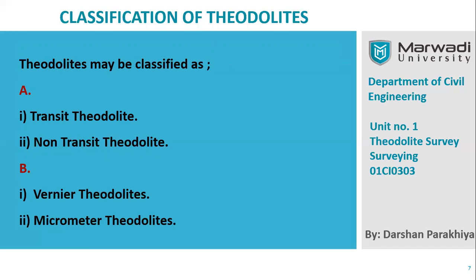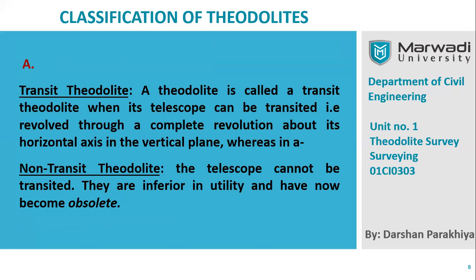In the classification of theodolites, you need to know that there are two major classifications: the transit theodolite and non-transit, and the second one, vernier and micrometer theodolites. What is the difference between the two? Over here, I am giving you a brief session about everything that can be asked when you are sitting in a placement or in front of the interviewer.